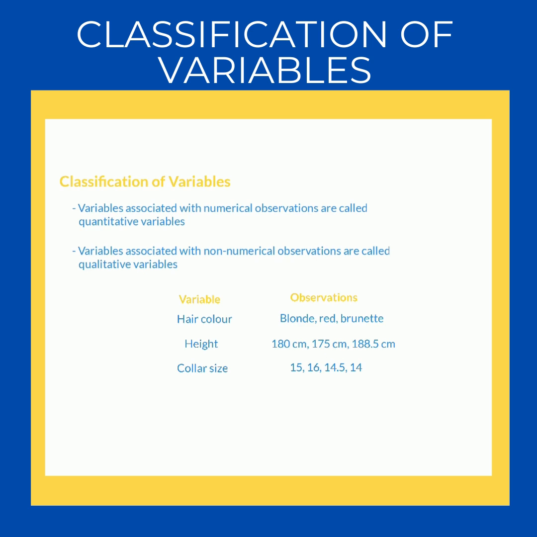So the observations are numerical, so the height is a quantitative variable. The color size, for example, the observations are 15, 16, 14.5, or 14. So these are all, again, numerical observations. So color size is a quantitative variable.